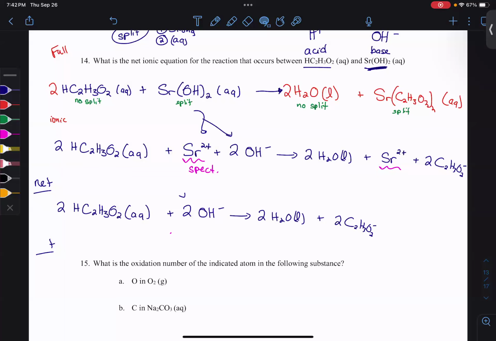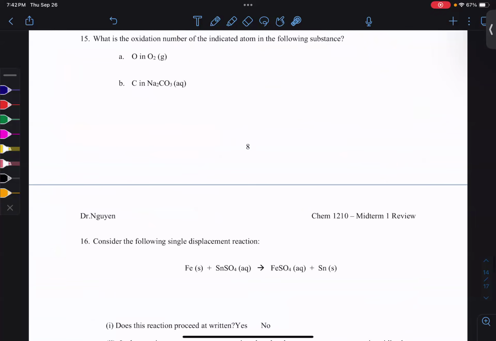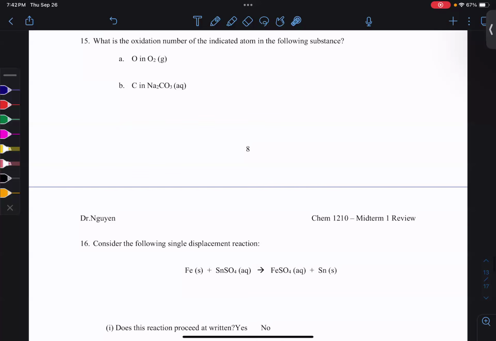We take out the strontium because it's not involved in the reaction, it's not changing identity at all, so we can clearly see our acetic acid is reacting with 2 equivalents of base to make 2 waters and a free acetate. So that is our net ionic equation. So here are 3 different reactions: the full molecular, the full ionic, and the net ionic equation where we remove the spectators. Okay, we got 18 minutes, so let's do this hard stuff.